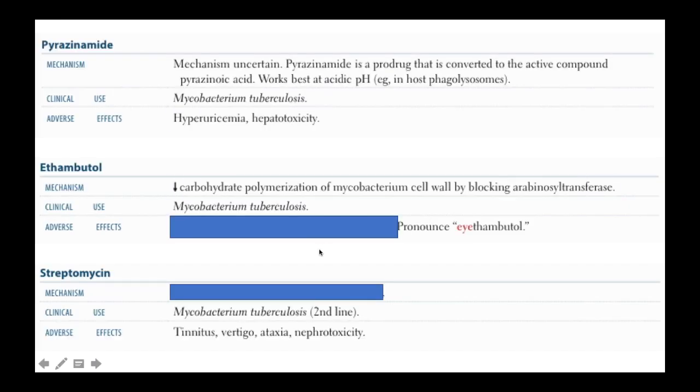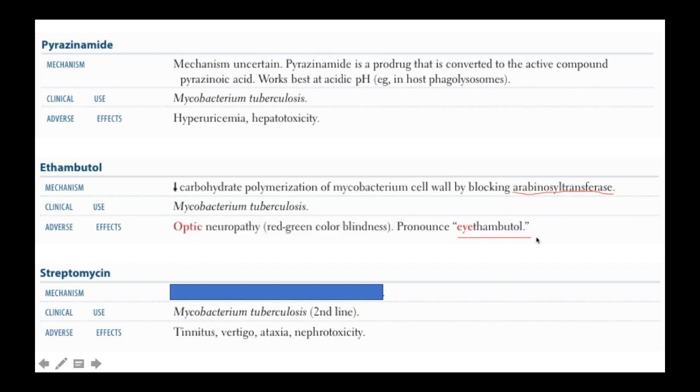So that's an important and very long word to know there. And does anyone know the adverse effects for ethambutol? I left that guy up there for a little clue. It's the red-green color blindness. Correct. Red-green color blindness.